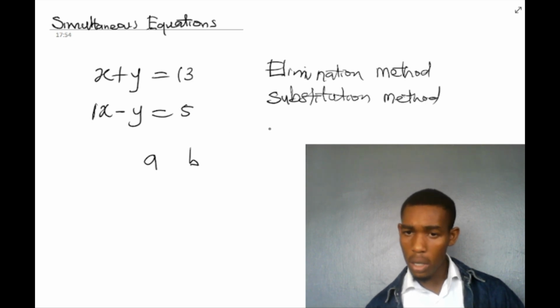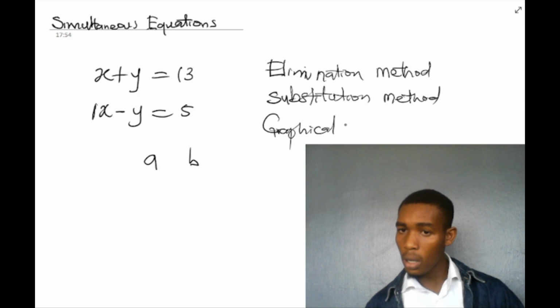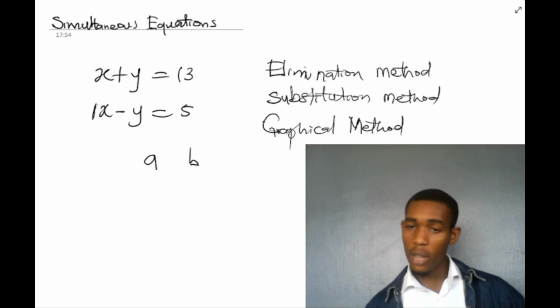And the third is the graphical method. In schools, most of the time you get to use the elimination and substitution methods, but the graphical method, I think I'll touch on sometime in this video. So just sit tight and you'll grab a lot of value from this video. Okay, let's go down to the elimination method.